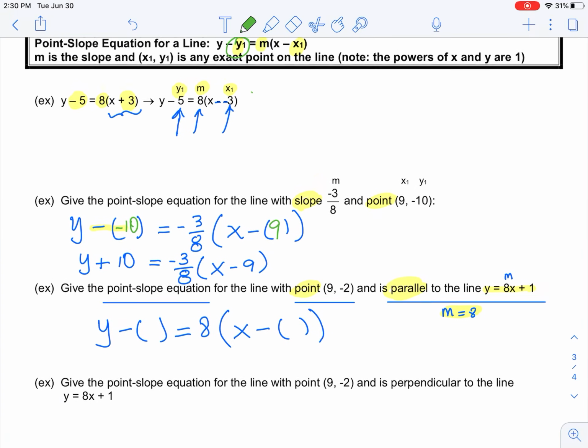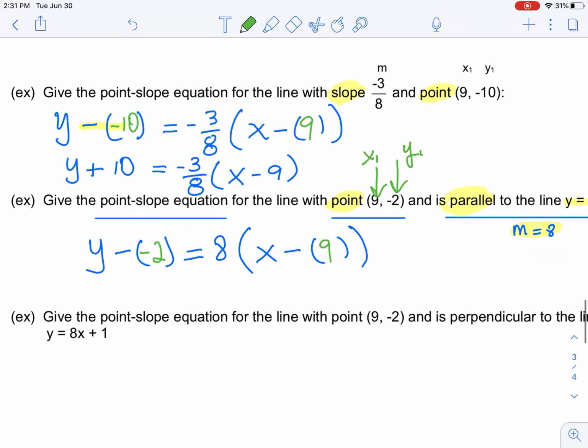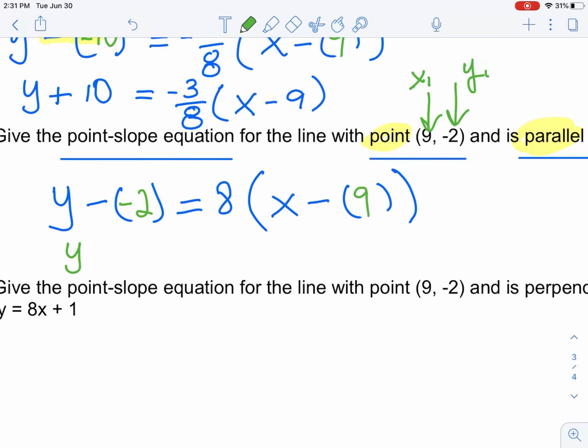Plug in your y1, which is a negative 2, and your x1, which is 9. So the x's go together, the y's go together, if that makes any sense. And then you just look to simplify. So y minus a negative 2 is actually y plus 2, which equals 8 times the quantity of x minus 9.